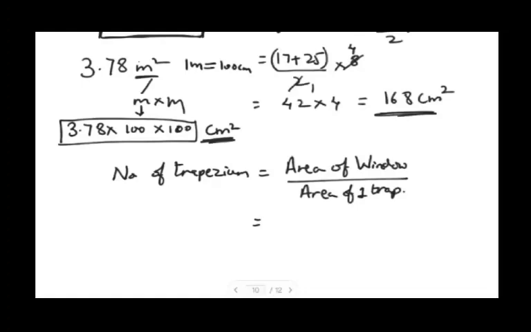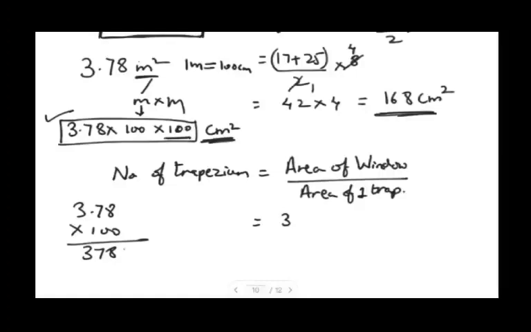Area of the window in centimeters is 3. So let me multiply this and make it simpler right here. 3.78 into 100 will give me 378, correct?